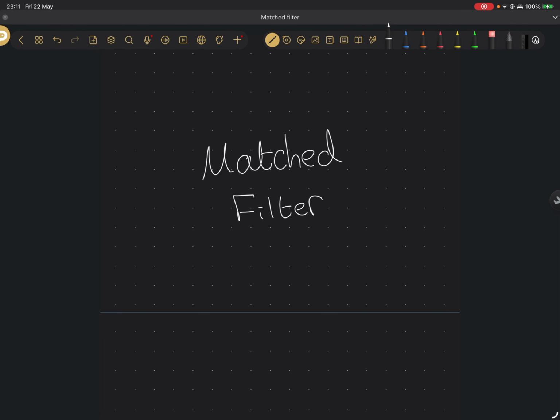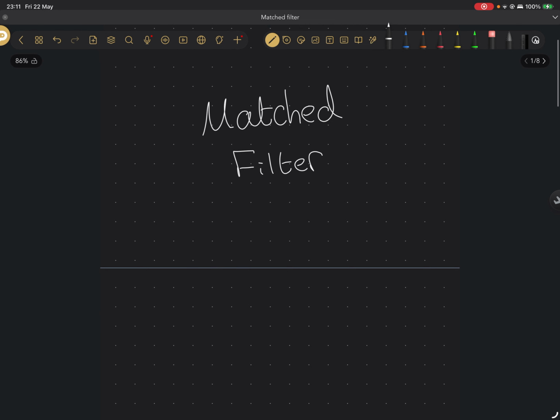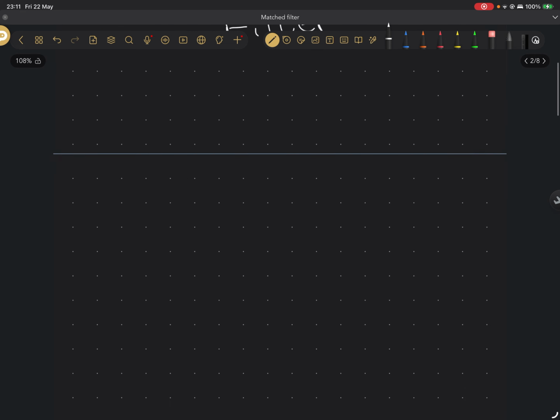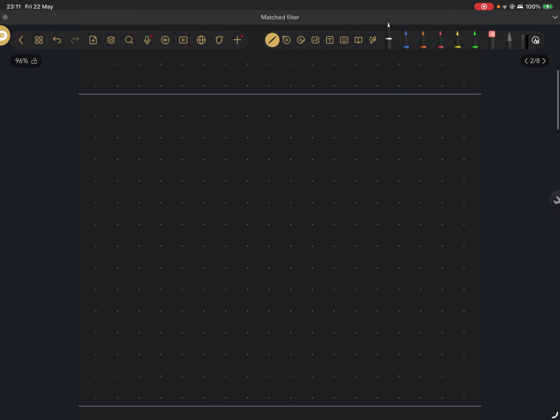In this video, I'll explain how matched filters work both mathematically and intuitively. So, in a communication system, the received signal can be modeled as R of t is equal to S of t plus N of t, where S of t is the transmitted signal and N of t is white Gaussian noise.